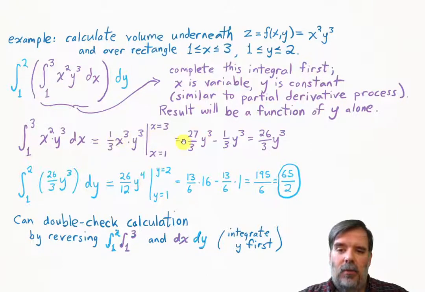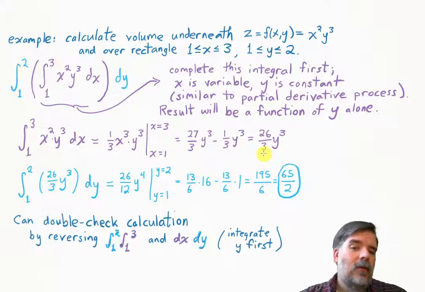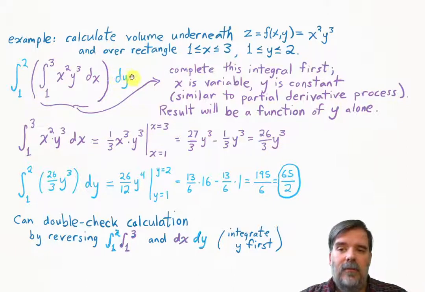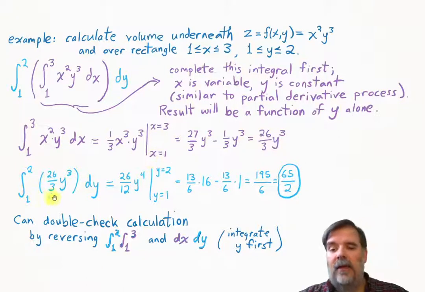So first plug in 3 for x, and we'll get 27 over 3 times y cubed, minus, plug in 1 for x, we'll get 1/3 y cubed. When you subtract, you get 26 over 3 times y cubed. The result of this inner integral is a function of this variable. In this case, it's a function of y. And now we have to integrate that function. This part in purple becomes 26 over 3 y cubed.